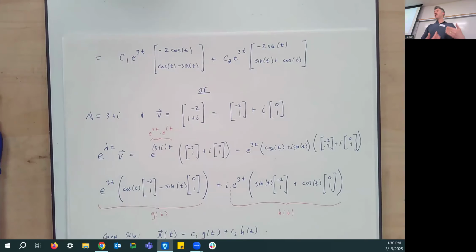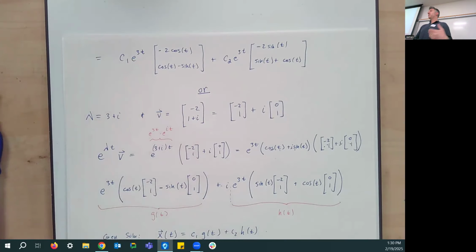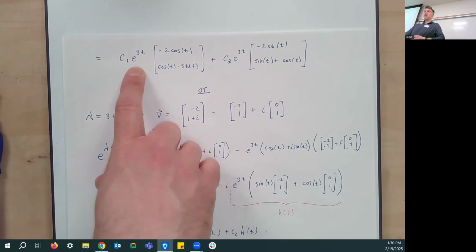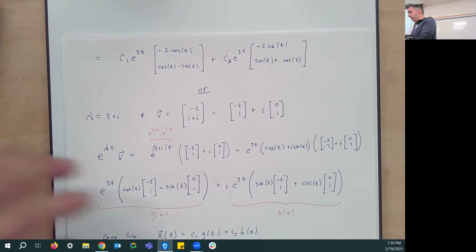They are not getting closer to your equilibrium of 0, 0. So a positive eigenvalue or a positive real part of your eigenvalue means we're going to have instability. Whereas on the other side of things, a negative eigenvalue is going to lead towards stability, right? If that was e to the negative 3t, that thing's going to get smaller and smaller as time gets larger and larger. Okay, but let's lay it all out.